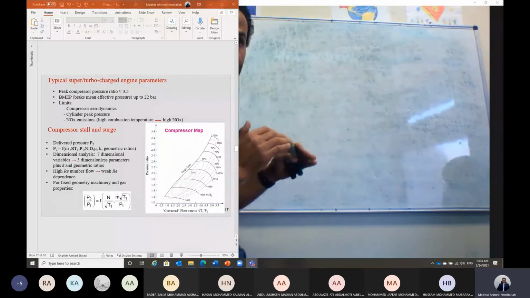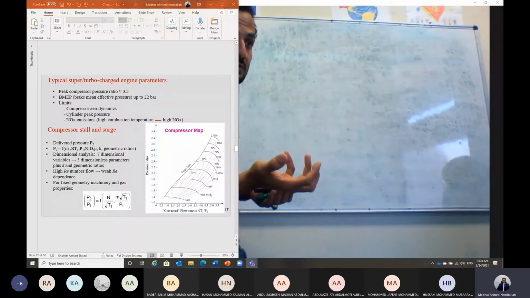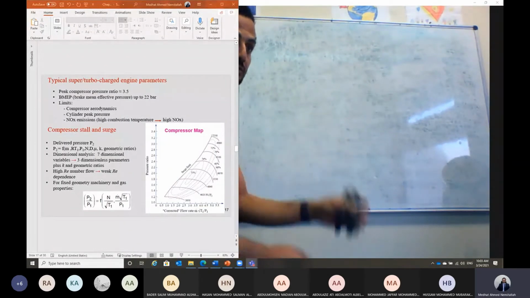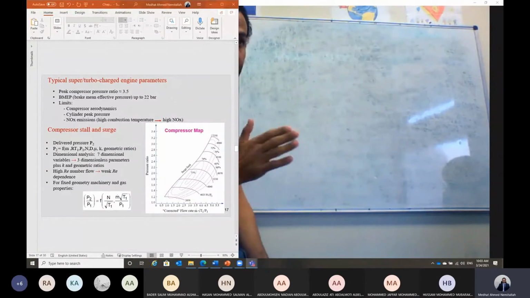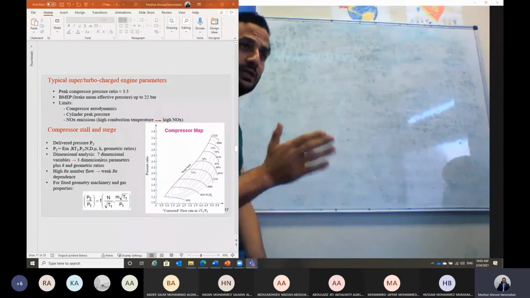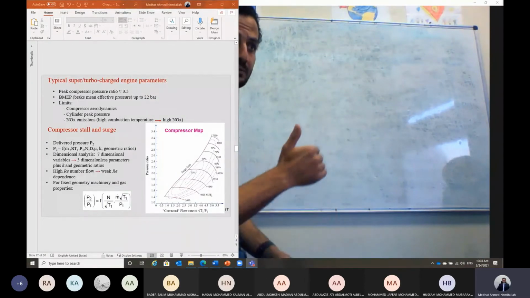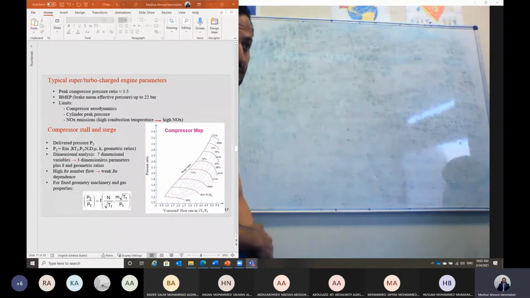So at lower RPM the exhaust mass flow rate is very low, and the turbine cannot generate enough power to give a boost through the turbocharger system. So usually we can benefit from the turbocharger from medium to high load.